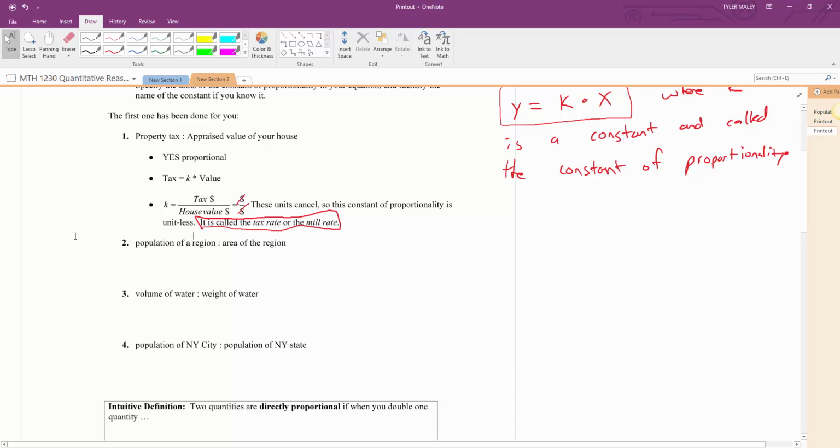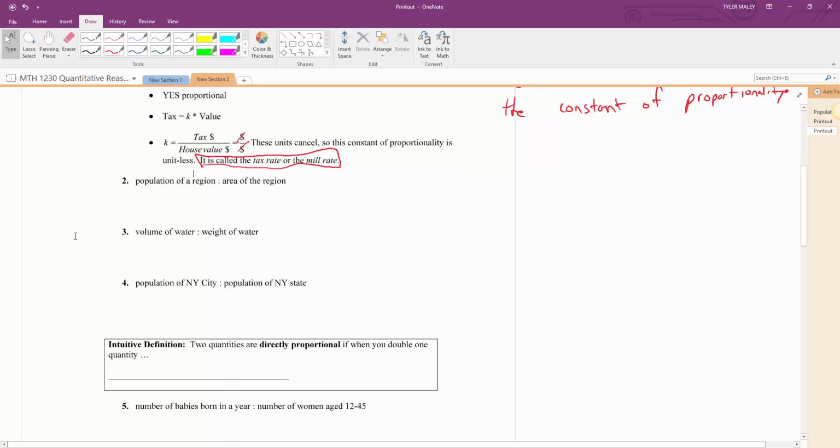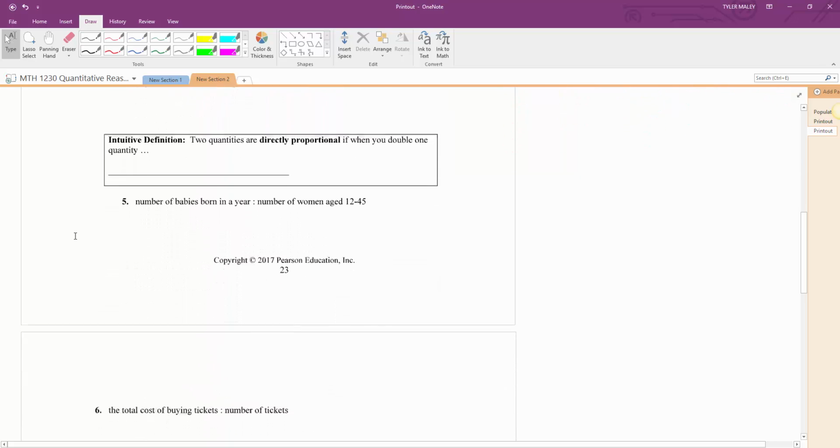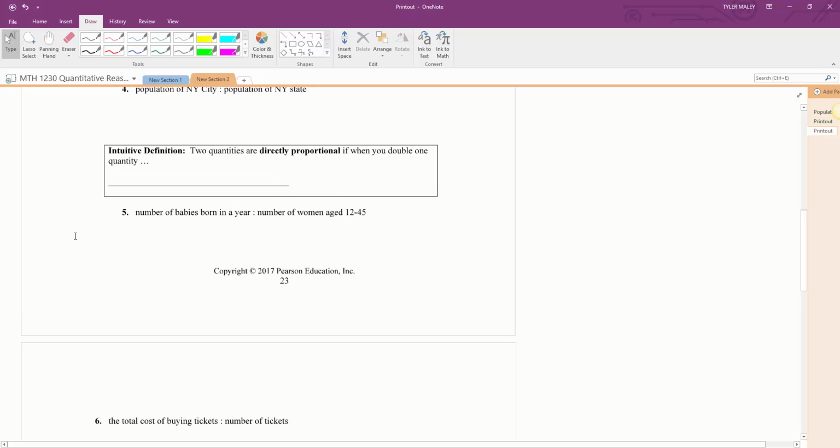All right, so then what I would like to do next is go down to this box near the bottom. I think filling this in will help us in looking at the other examples. This is what we call the intuitive definition.